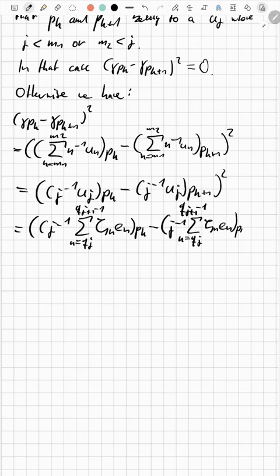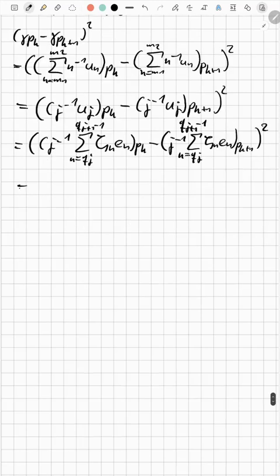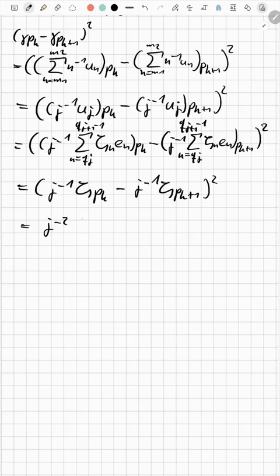And from this, the pk plus 1th element. That is just j to the power of negative 1 times zeta pk, and here we have j to the power of negative 1 times zeta pk plus 1. And this is the same as j to the power of negative 2 times zeta pk minus zeta pk plus 1 squared.